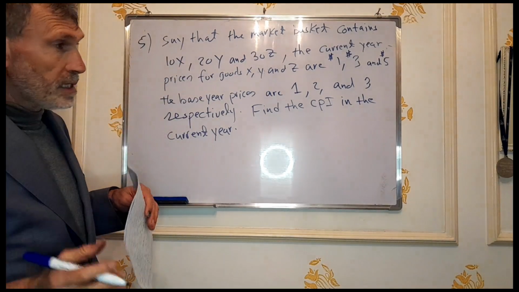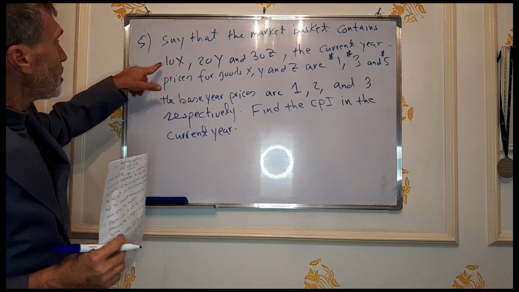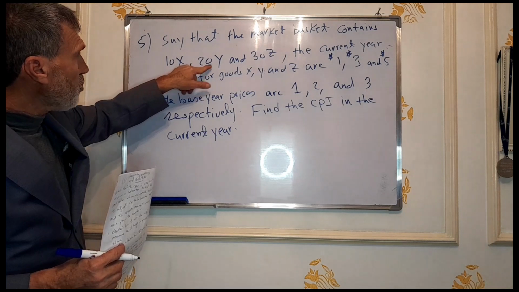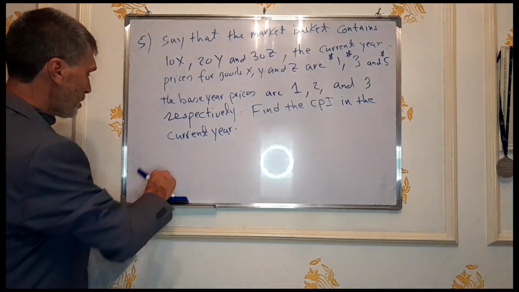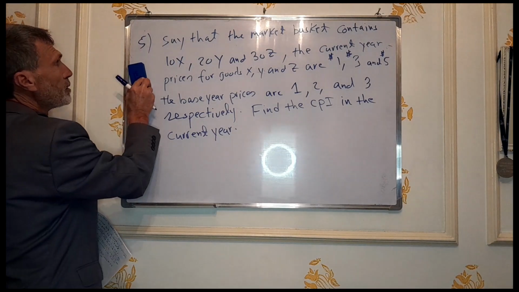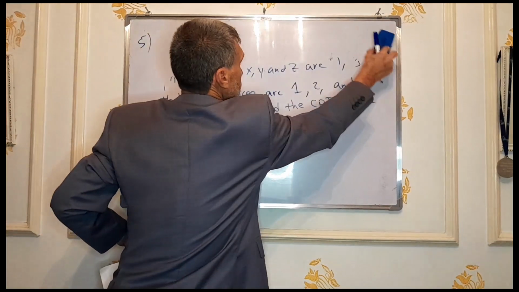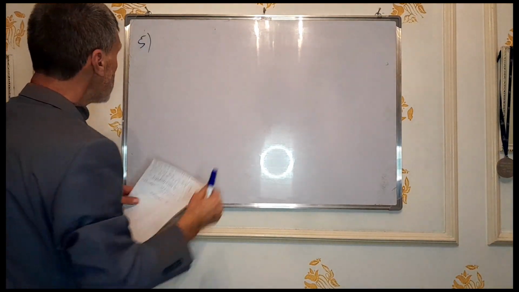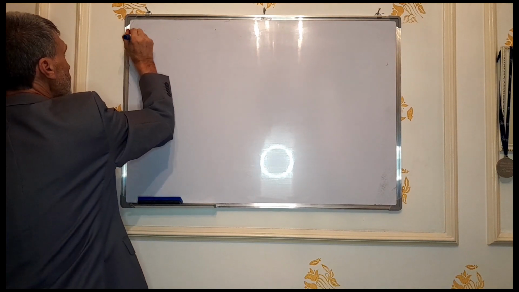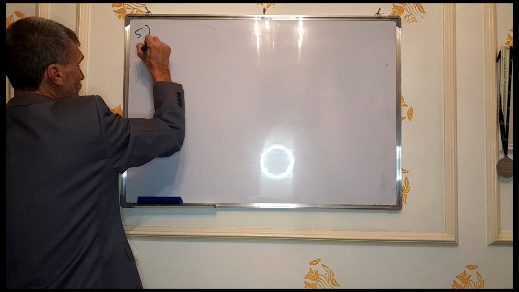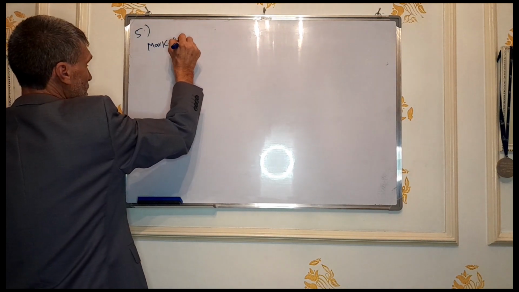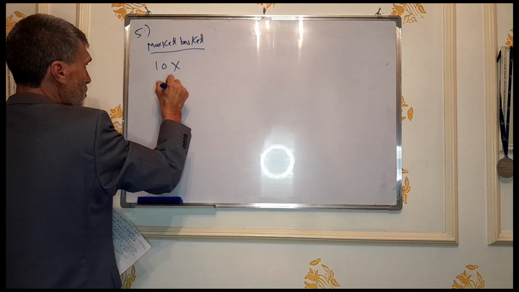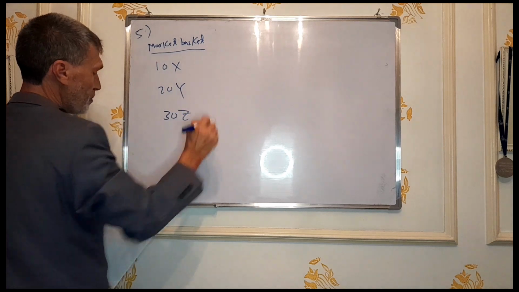Okay, now let's put the basket. The market basket, as you can see, consists of X, Y, and Z, and the weights are 10X, 20Y, and 30Z. So let's arrange this. We have the market basket: 10X, 20Y, and 30Z.